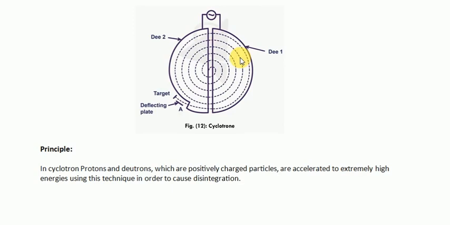Picture a cyclotron as a flat circular machine. Inside, we have two large hollow semicircular metallic containers shaped like the letter D. These are called Ds because of their shape. They are connected to a high frequency alternating voltage which switches their electric polarity back and forth. But here is something interesting.